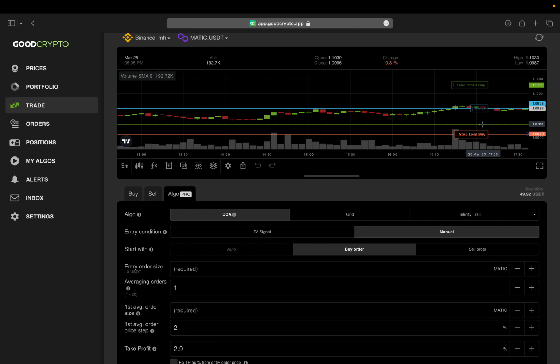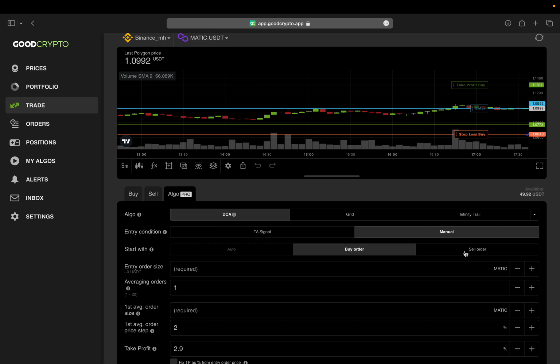So that's the basic idea of what you can do with manual DCA, right? Not simply buy with take profit and stop loss, but add another level of protection for yourself, basically add averaging orders below your entry price.